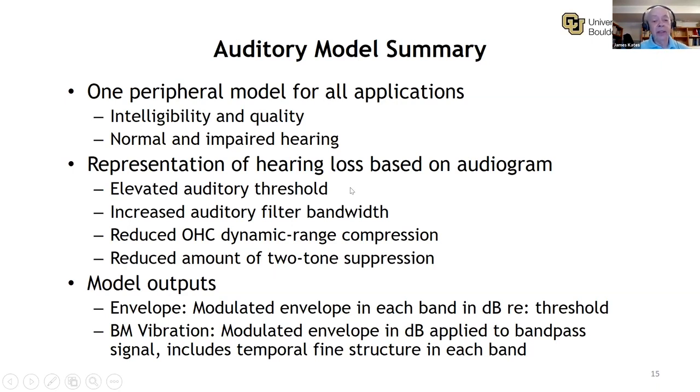And that model has elevated auditory threshold, increased auditory filter bandwidth, reduced outer hair cell dynamic range compression, and that leads to reduced amounts of two-tone suppression. Two-tone suppression is an effect where a tone outside the passband of an auditory filter can reduce the gain within the passband of the filter.